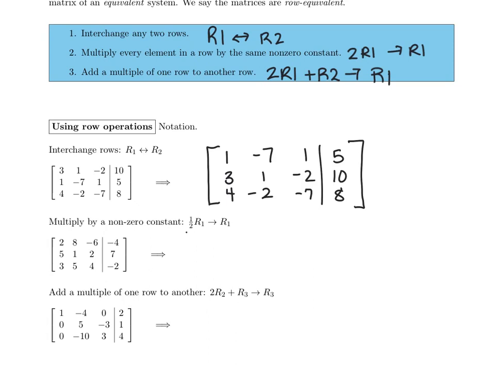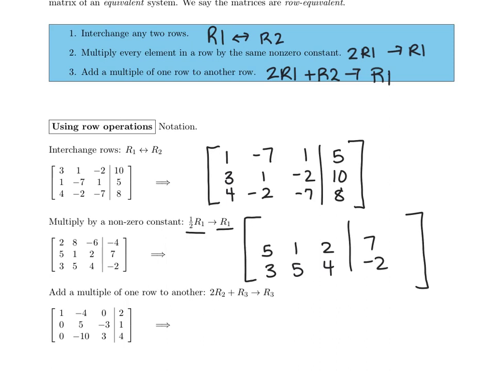This one says you're going to take half of row 1, and you're going to put your answer back in row 1. So we're not affecting row 2 or row 3. I would suggest you recopy row 2, recopy row 3.